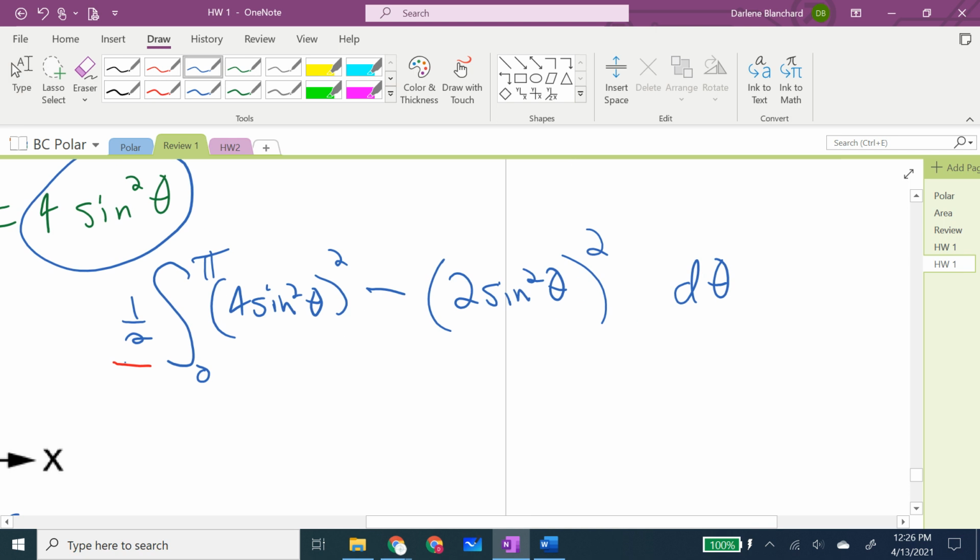So very carefully, 4 squared is 16, and then sine squared is sine to the 4th. Minus 2 squared is 4, sine squared. And don't forget that you've got a 1/2 out there as well. And how painful is it realizing that there are people who write the 1/2 over here and then forget it once they get to this point and put the wrong answer down.